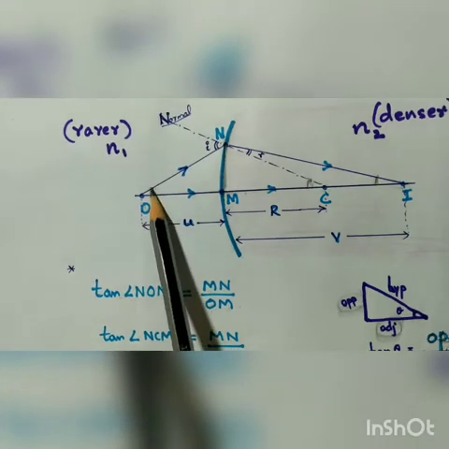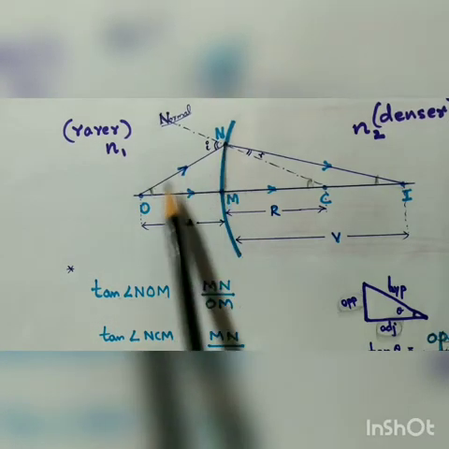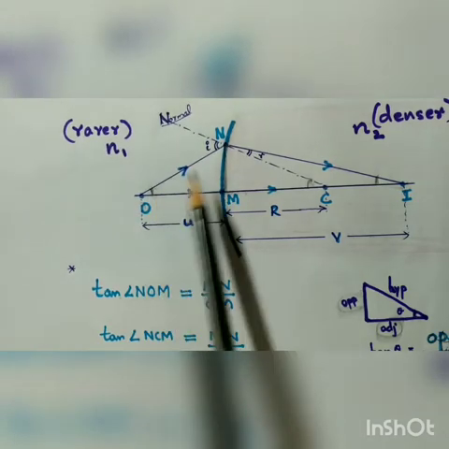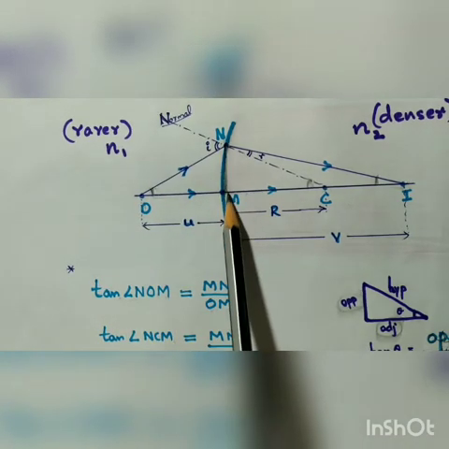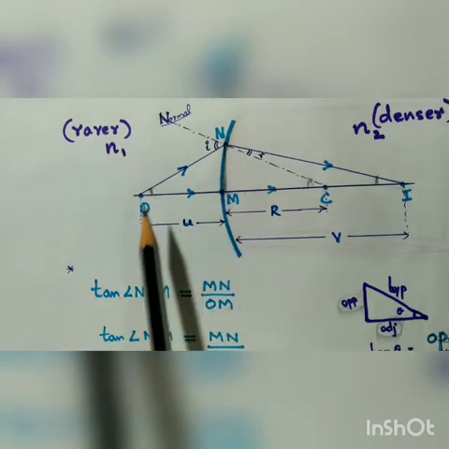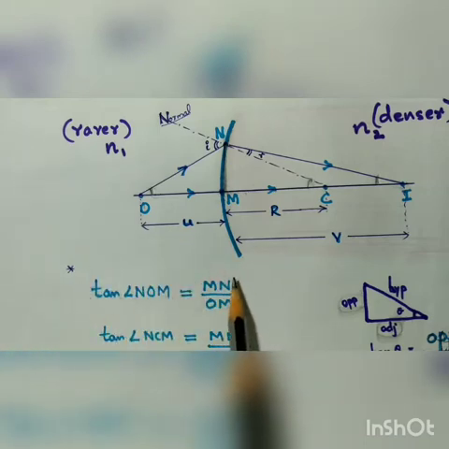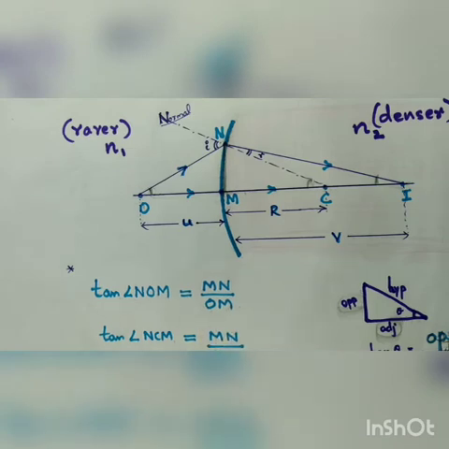So what is the tan of this angle NOM? Tan angle NOM is equal to the opposite side MN by the adjacent side OM. So that is what is written here.